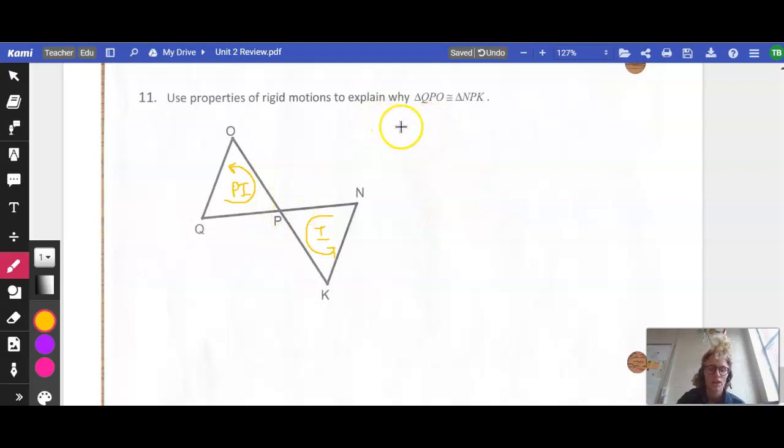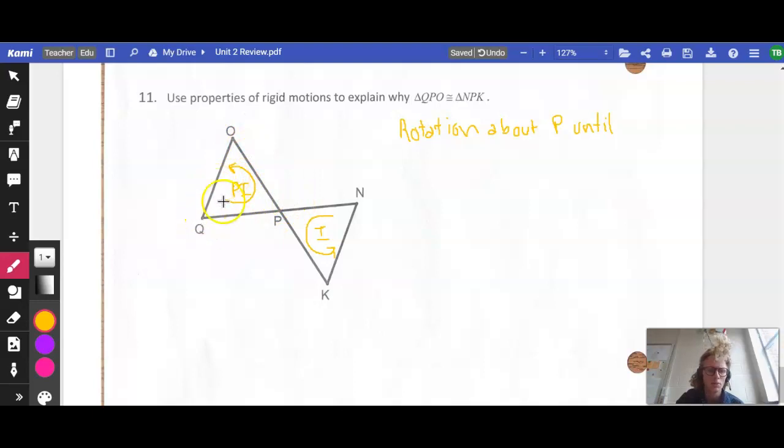So if you wanted to write this out, you could say a rotation about P until, pick a pre-image point. That could be point Q or point O, or a segment like QP, QO, or OP.